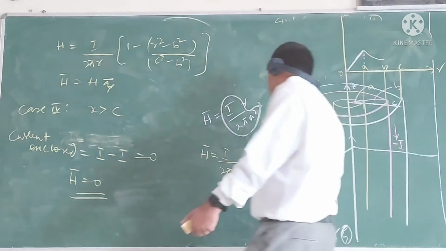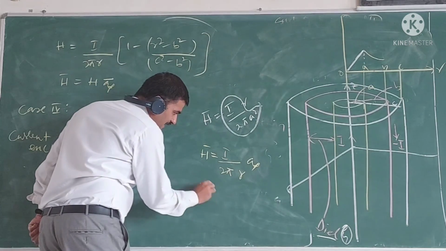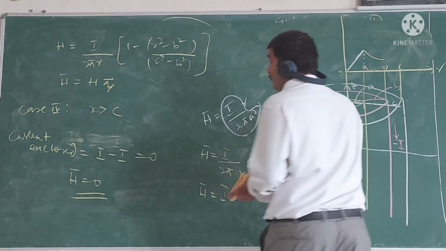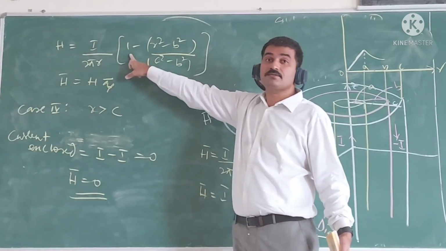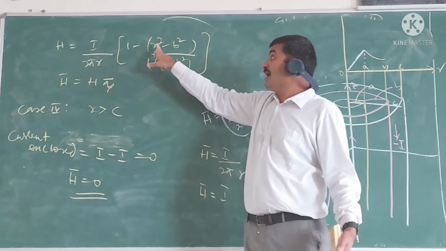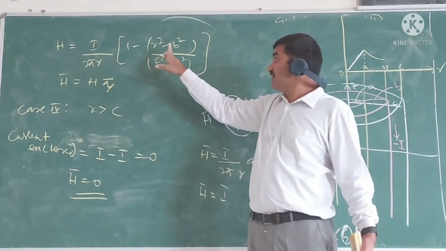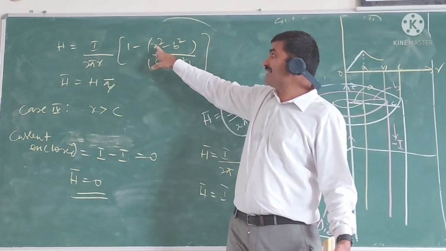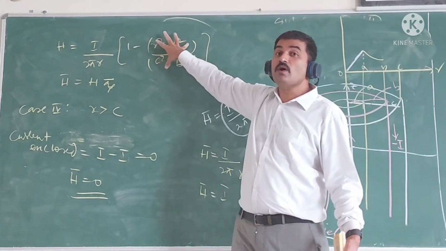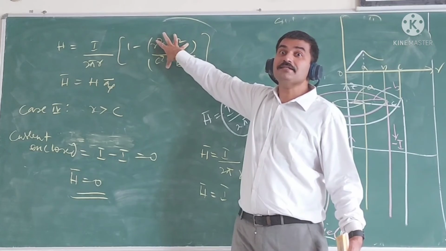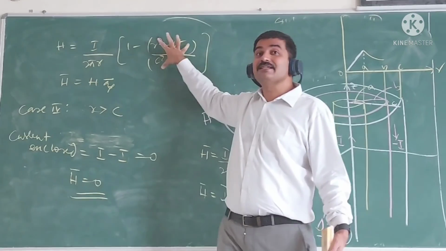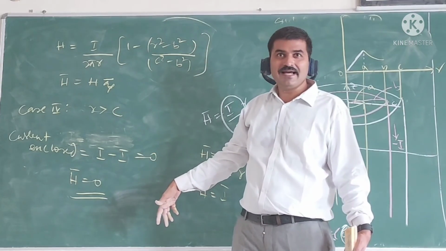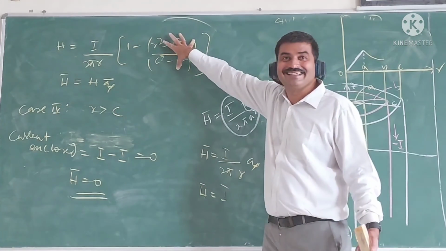Then what is case 3? H bar is I divided by something, it is here. See, 1 minus, as R increases, this b square, c square, everything is constant. As R increases, this quantity will increase, and 1 minus this will decrease further. Yes or no? This is a drastic decrease.